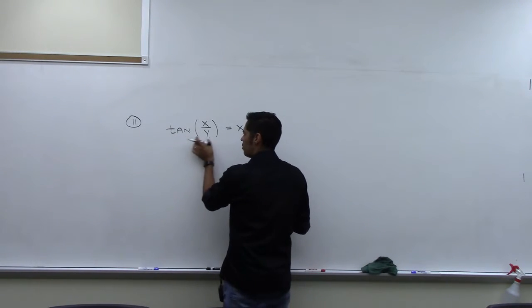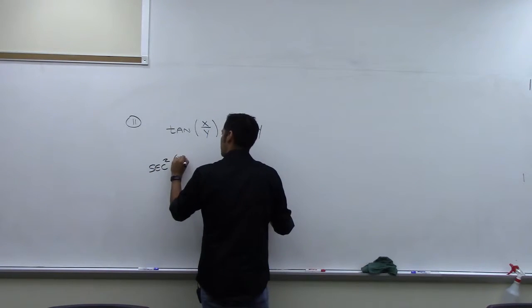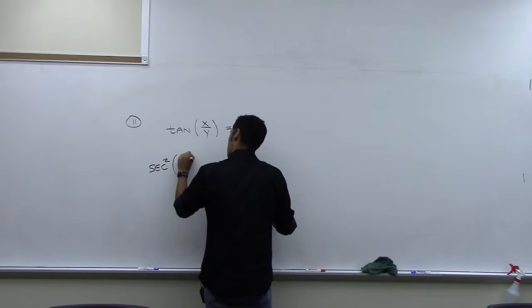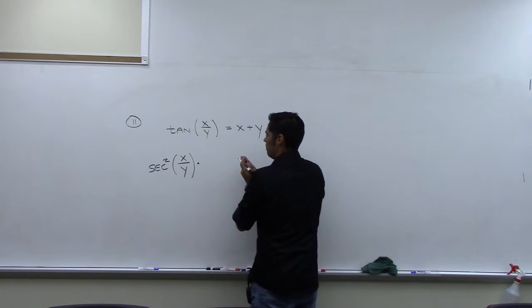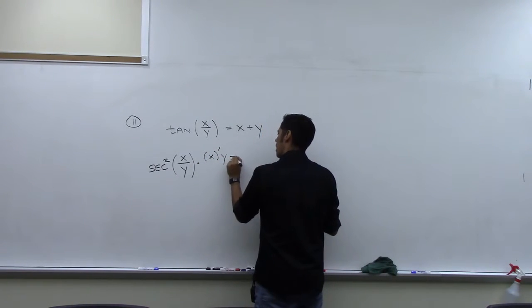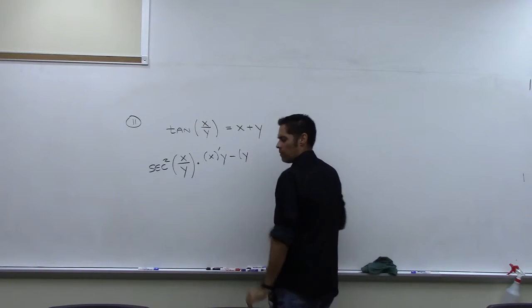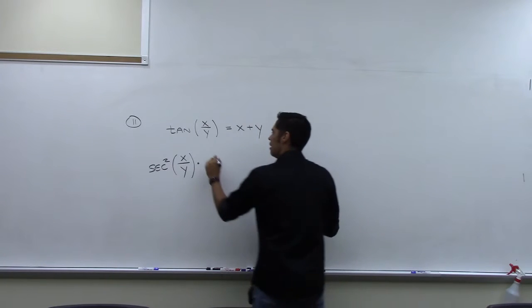The derivative of tangent of something is secant squared of that something, then times the derivative of what's inside. So I'm going to do quotient rule. It's the derivative of the top times the bottom minus the derivative of the bottom. I just changed notation on you. Let me go back to the Leibniz notation.